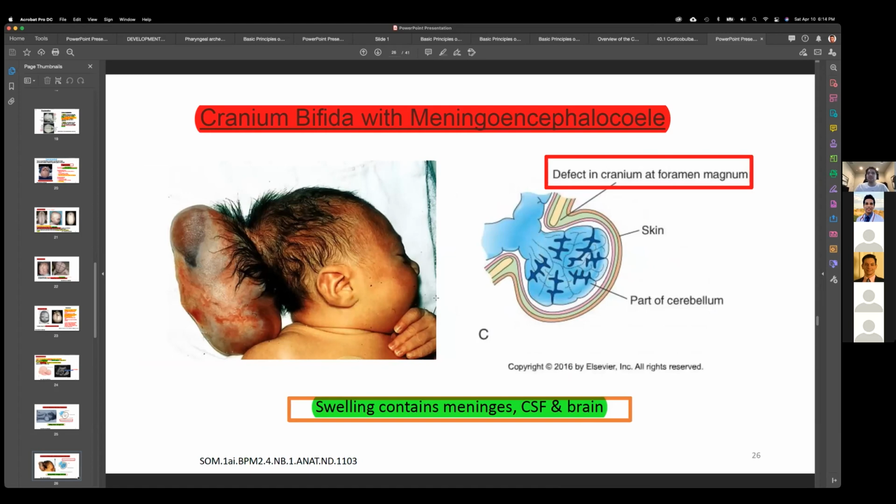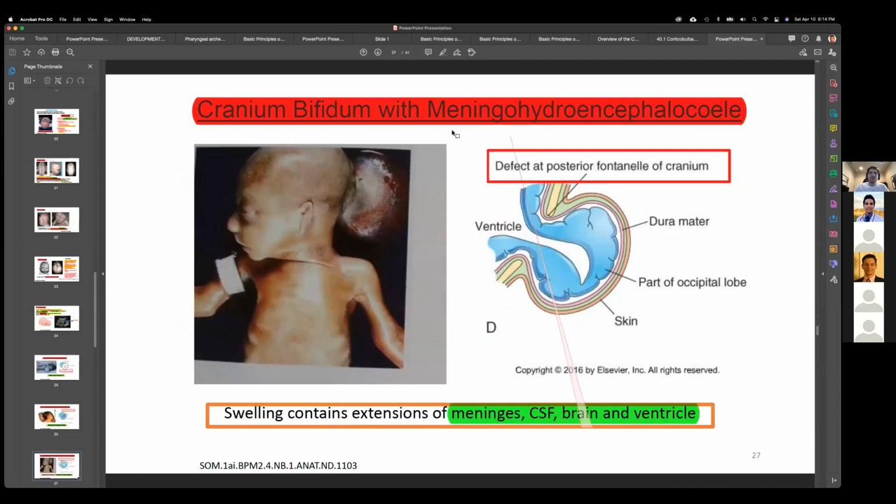So you can see that here: skin, part of the meninges, and then CSF and the brain. And obviously, as a lot of times, the longer the word, the worse it is. Then meningohydroencephalocele, where you have part of the brain and part of the ventricular system that goes out too. If you break it down, meninges, hydro for the ventricular system, and encephalo for brain, and it's sealed off.